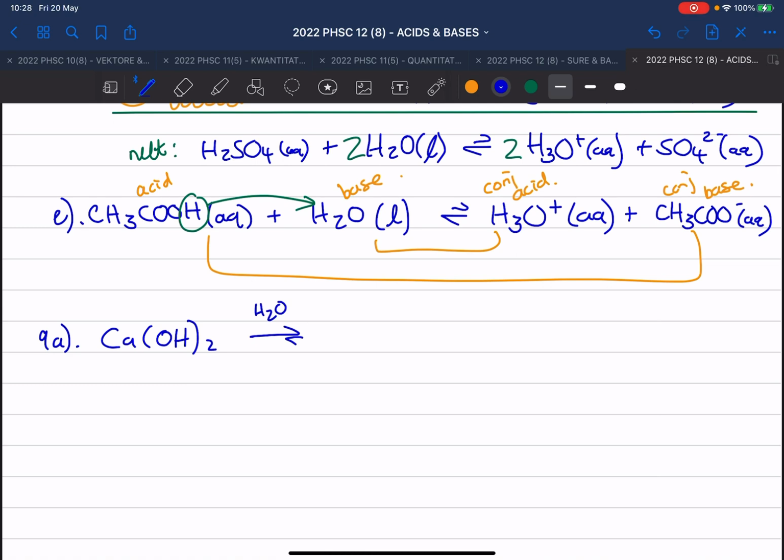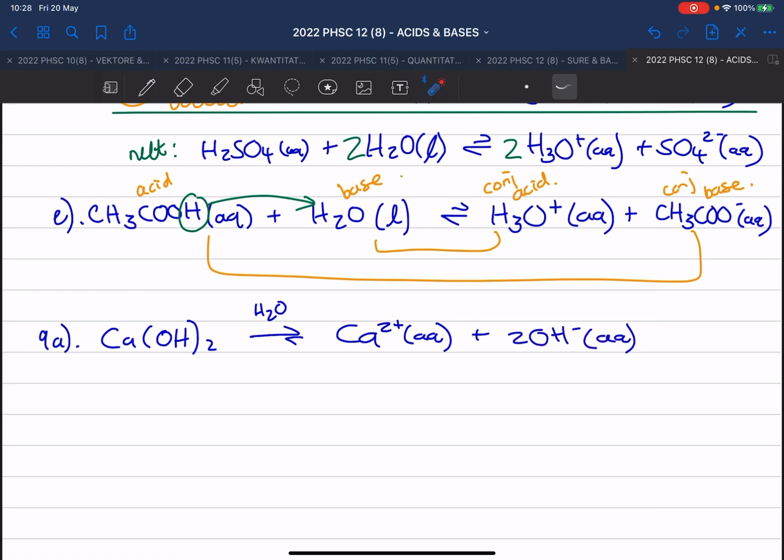Look here, what does it give you? Hydroxide ions. Alright, so it gives you a calcium ion and 2 hydroxide ions.